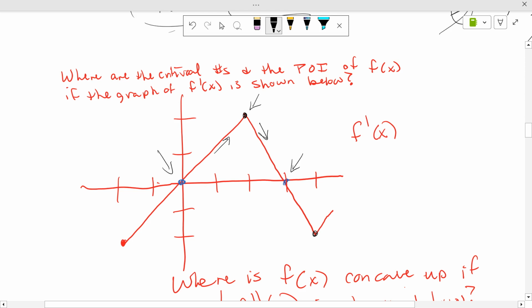So when our first derivative is increasing, that means our second derivative is positive. Where our first derivative is decreasing, that means our second derivative is negative. And so then we would cross the x-axis there, cross the x-axis there. So these 2 points would be points of inflection.